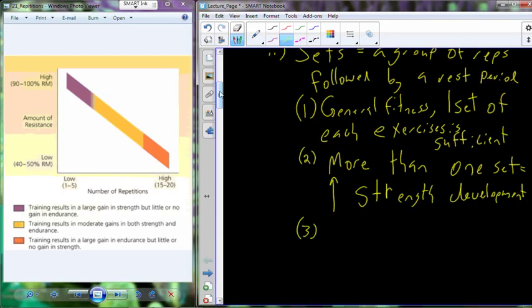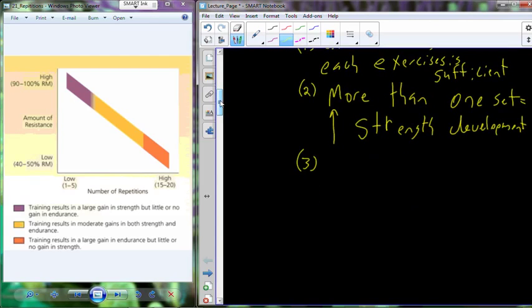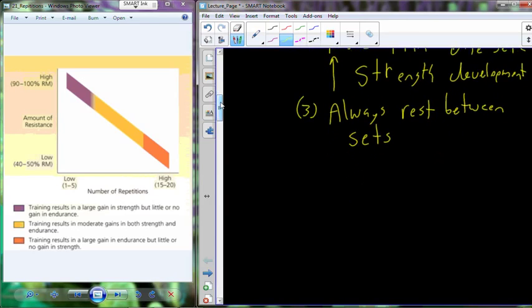Now it's important that you couple these sets to rest. So we always want to have a period of rest between individual sets, groups of repetitions. So you're going to measure your intensity with the number of repetitions and the number of sets.